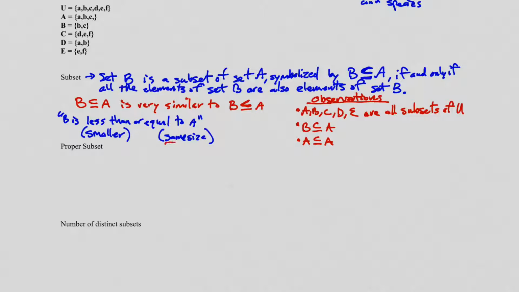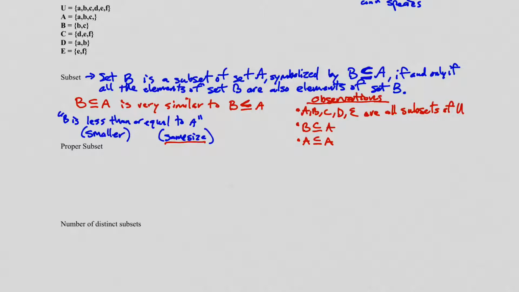It can be the same size. So A is a subset of A is also true. Now if you take that equal sign out of the symbol, then this will not be true. We're going to take a look at that when we think of proper subset, in a minute.